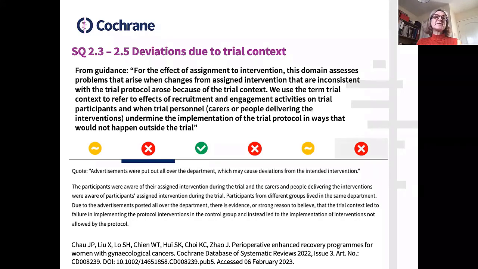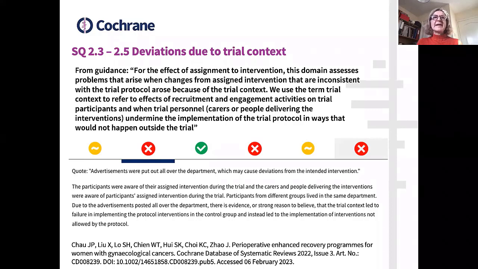But because both interventions were advertised around the department where people were being treated, they think there's a strong reason to believe that people in the control group might have sought out the actual intervention under study. And so that might cause a risk of bias, because that wouldn't happen in routine practice.